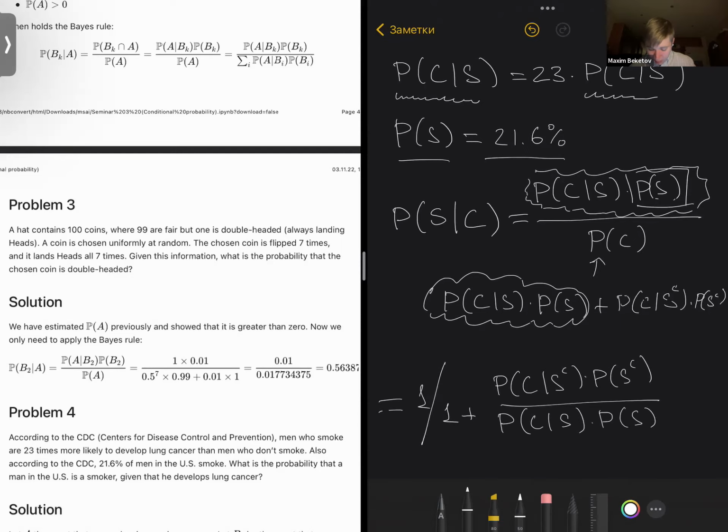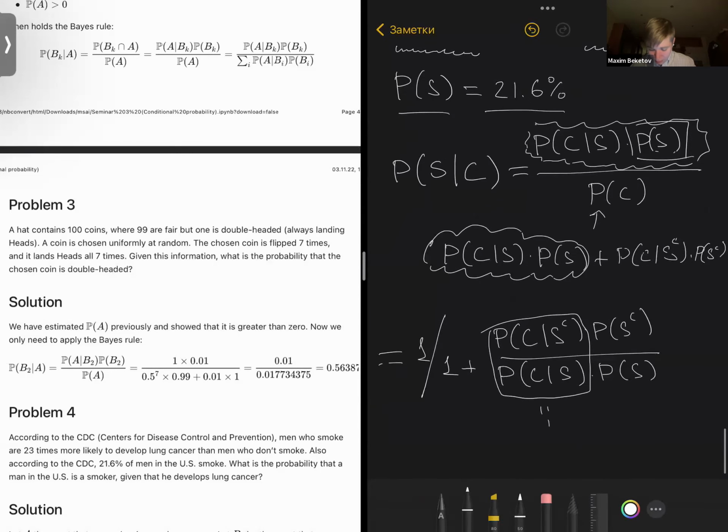So we know that this ratio equals what? 1 over 23, right? So this is 1 over 23. And we know this, P of smoking, it is 21.6%. And we know that to find this, we need to subtract P of S from 1.